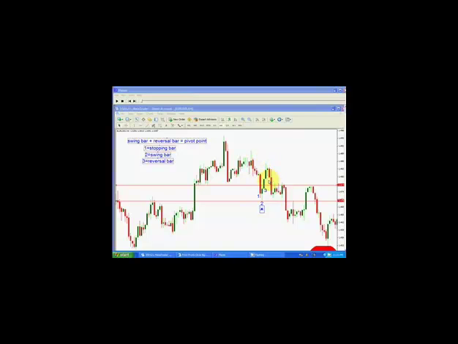We know for that to happen, heavy selling has to come into the market to abruptly stop an up move. Isn't that correct? That's just logical.